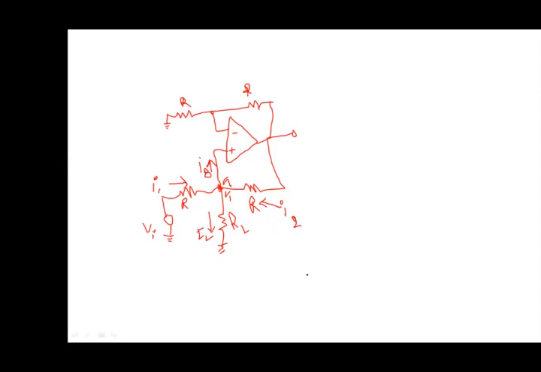So then we are going to calculate this IL. When the op amp operates, we know that the op amp terminals do not draw any input current. Here from this we can say that I1 plus I2 is equal to IL, because IB is equal to 0.